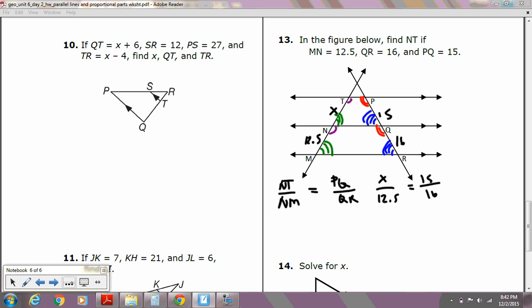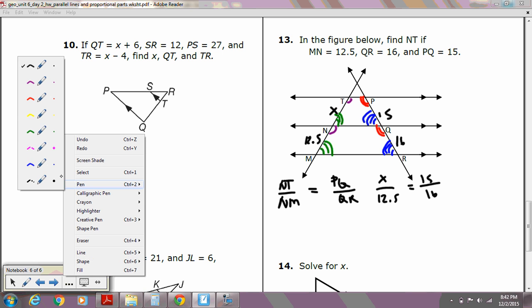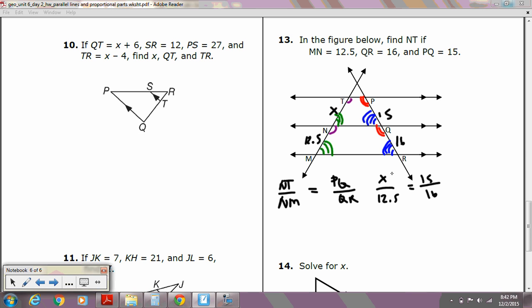So now we can cross multiply. Let's see how yellow looks, just out of curiosity. I multiply 16 with x, get 16x, and I multiply 15 with 12.5. I need my calculator.